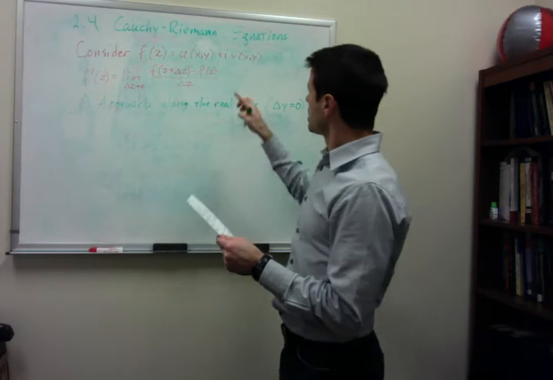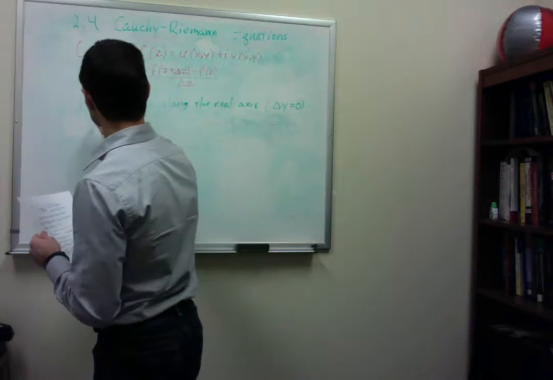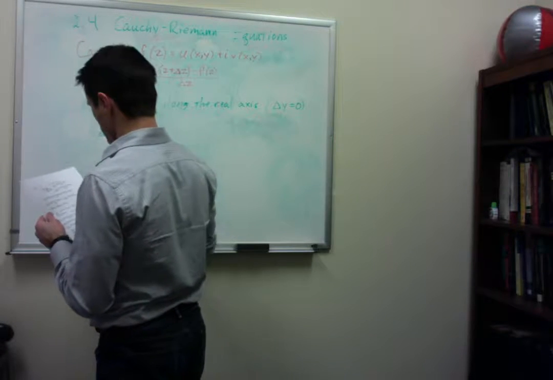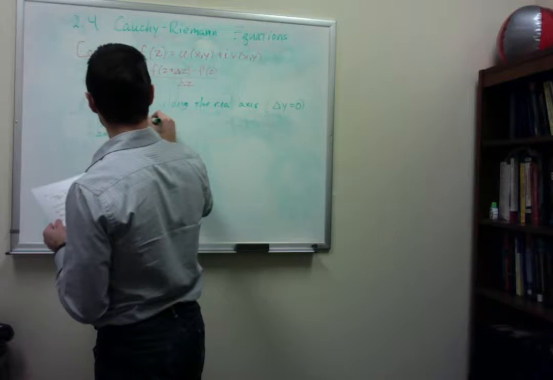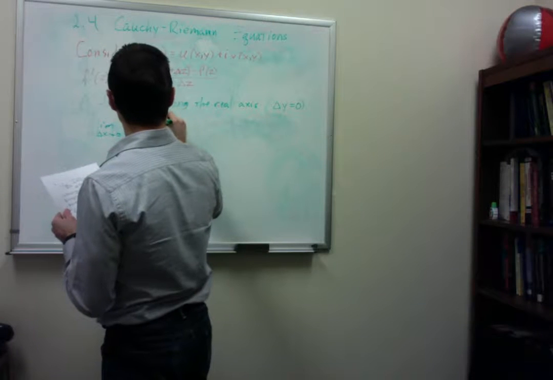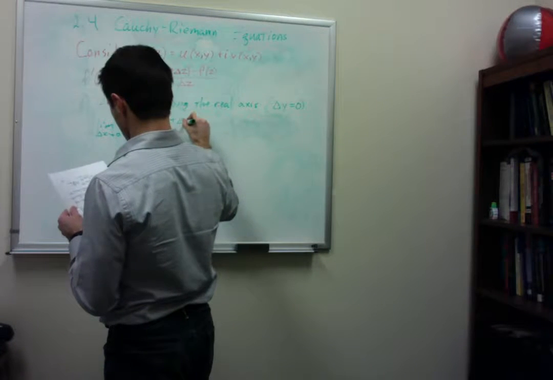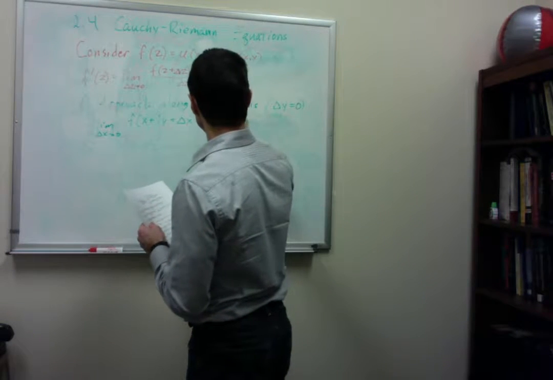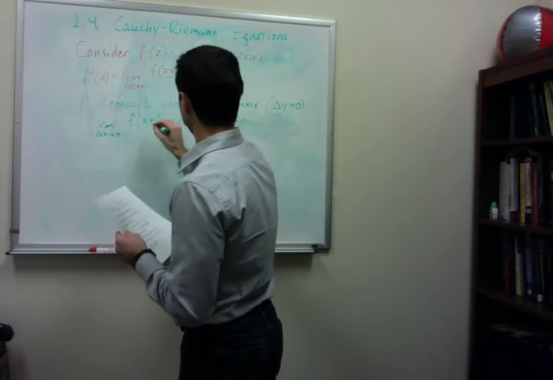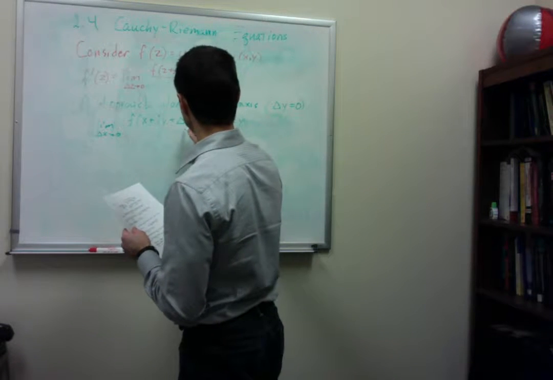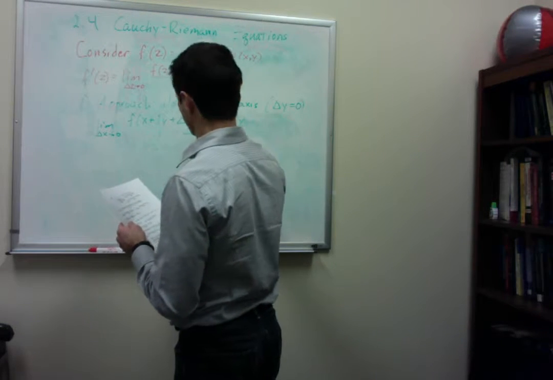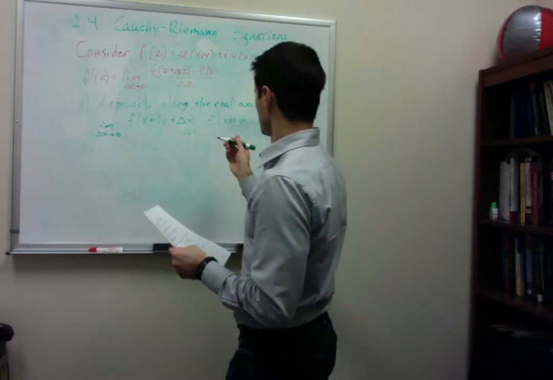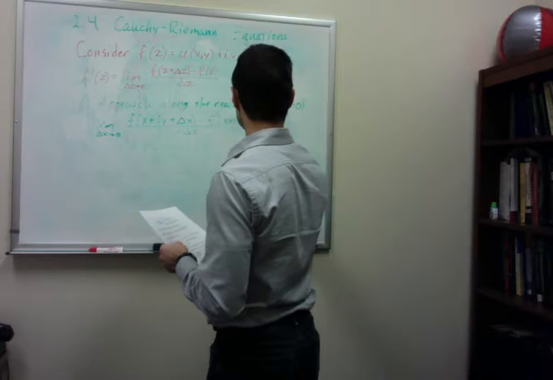When we do that, this limit becomes the limit as delta x goes to 0 of f of x plus iy plus delta x, and then minus f of x plus iy. That's in the numerator, and this is all divided by delta x. Now we basically substitute in u and v.